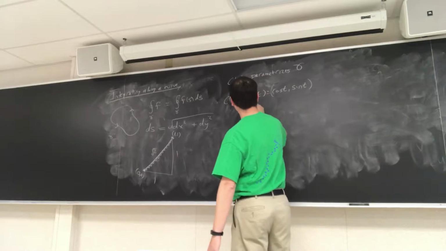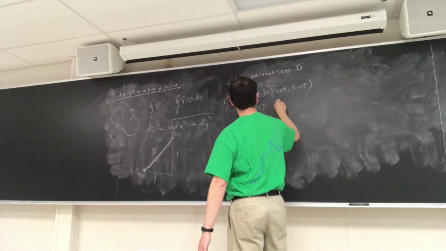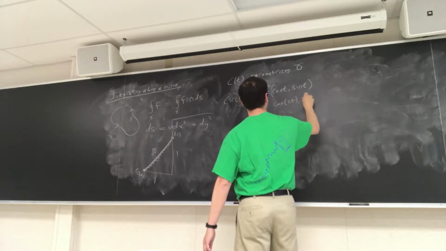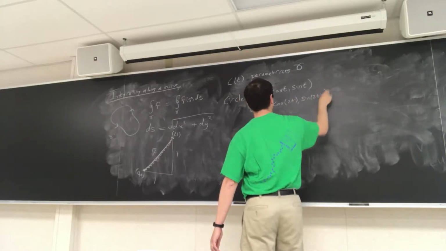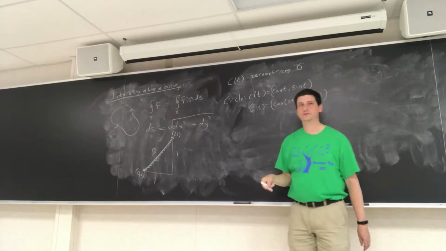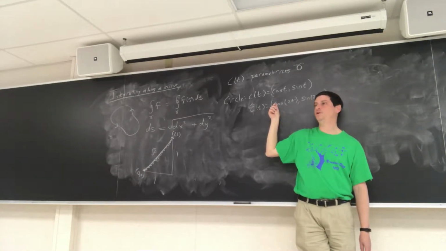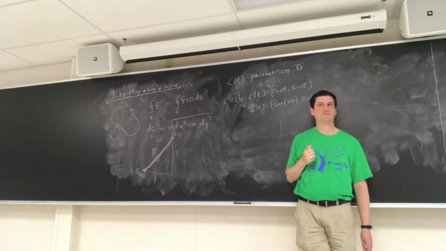Or I could take maybe C tilde of t is cosine of 2t, sine of 2t. Where this one is probably going through it twice as fast, and I probably only have t going maybe from 0 to pi now rather than 0 to 2 pi.